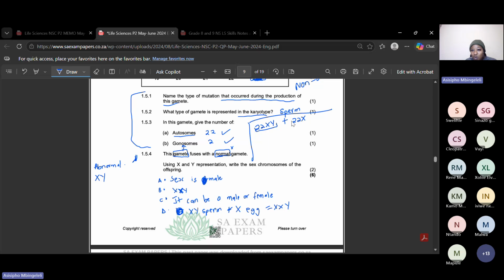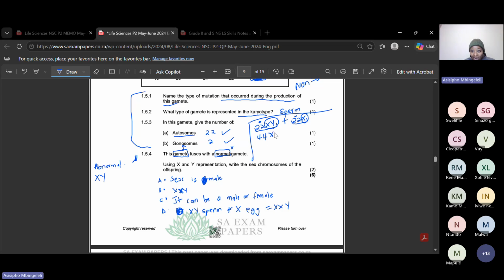It is fusing with a normal gamete. So what are we expecting at the end? It will be these 22 autosomes plus these 22 autosomes, which is 44, right? And then we are also adding this XY with this X gonosome. So what do we end up having here?